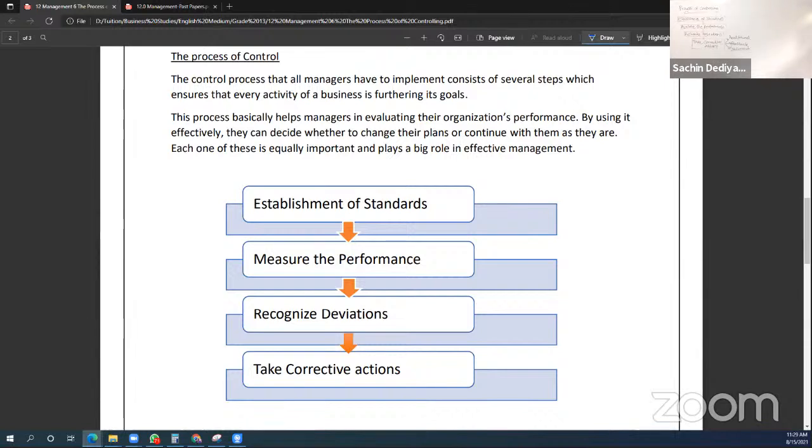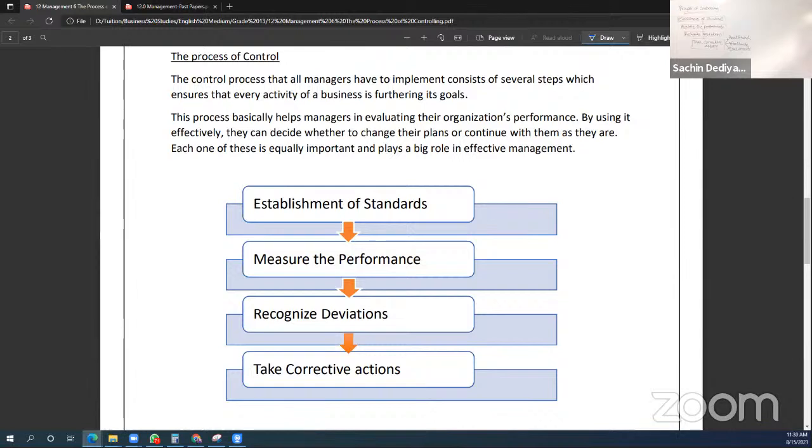And likewise, for you to execute the process of controlling, you need to make sure that you have the planning process, organizing, and leading. And like I said previously, you compare this plan or expected results or outcome with your actual outcome. So in the planning process, you might have established your goals and objectives, so at the end, you can compare whether you actually achieved them or not.